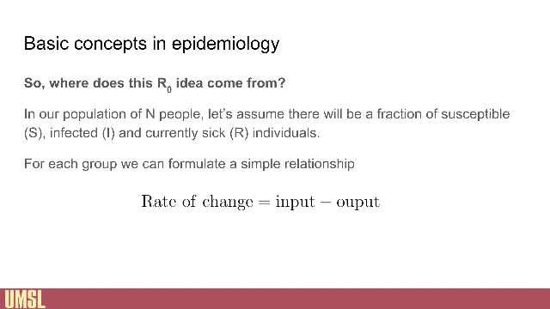Okay, so there are 3 populations of people. We're going to have susceptible people, we're going to have infected people, and we'll ultimately have resistant people. How do you think you become resistant to most pathogens? By being exposed to them before.